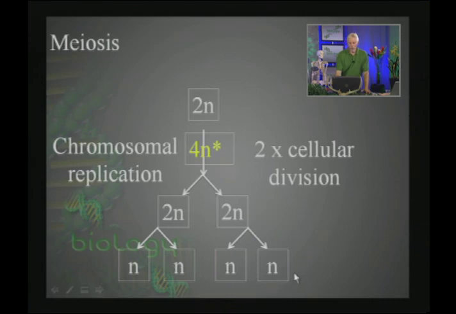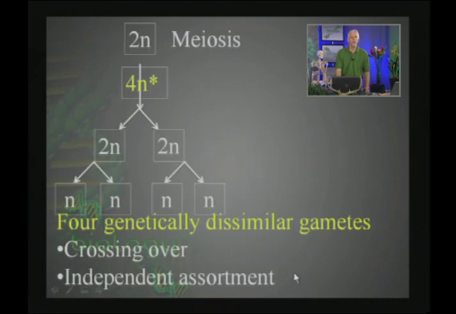What's also important to understand about this process is that these 4 haploid cells are genetically dissimilar to one another, and they're obviously genetically dissimilar to the cell we started with because they have half the number of chromosomes, but they're also genetically dissimilar to one another because of 2 processes that we'll discuss in a few minutes, one being crossing over and the other being independent assortment.